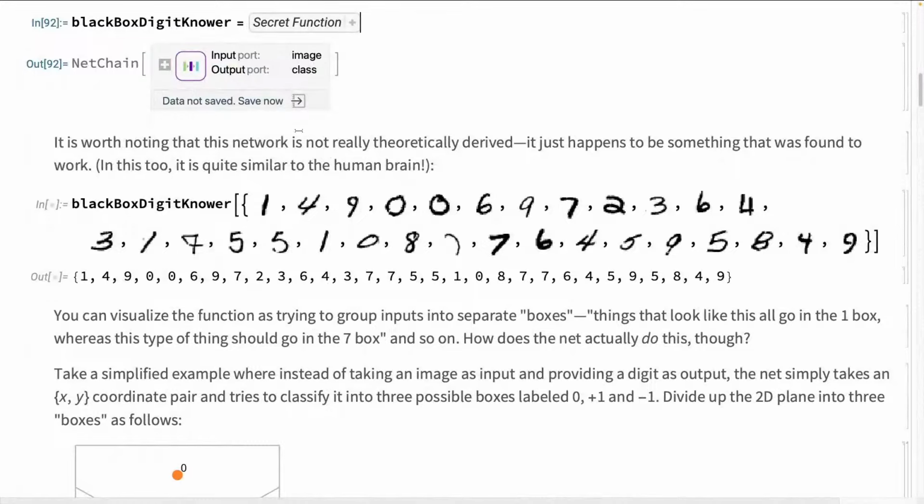It's worth noting, by the way, that this network is not really theoretically derived. It has some properties that correspond to the fact that it's looking at images, but this network is just something that was found to work. In that sense, it's kind of like the human brain. These things evolve under natural selection, but that doesn't really mean that they have a specific architecture that was designed in mind.